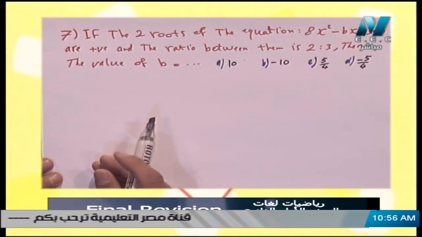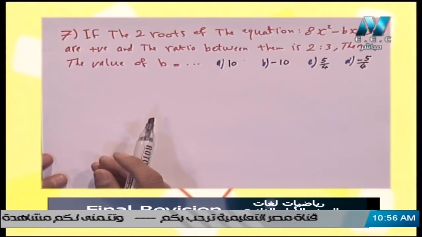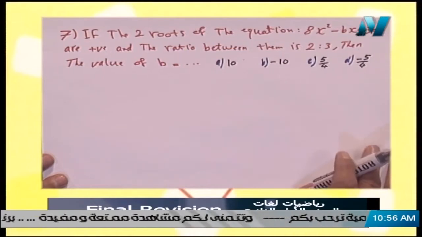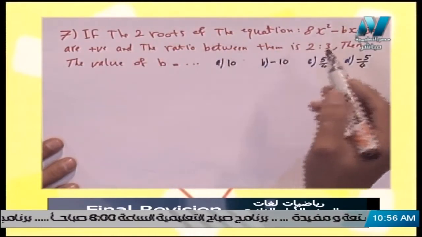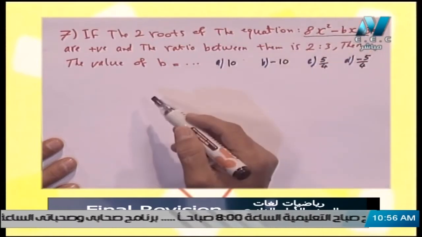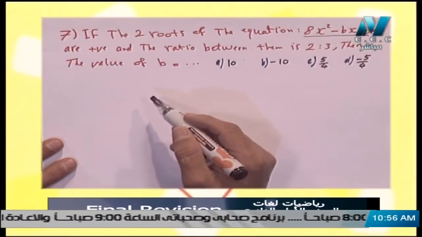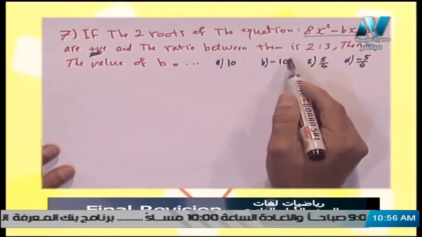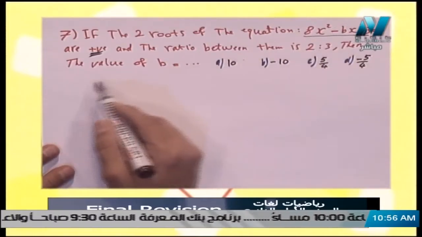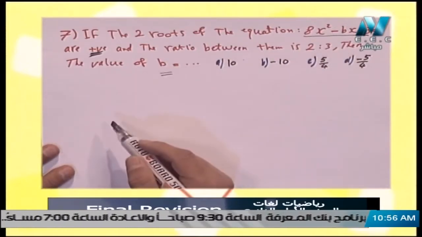We know that the product of the two roots here, if we have two roots of the equation 8x power 2 minus bx plus 3 equals 0 are positive, and the ratio between them is 2 to 3, then the value of b equals what from here?